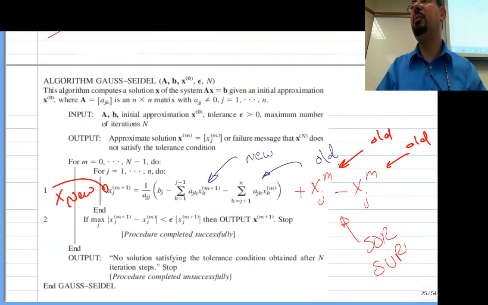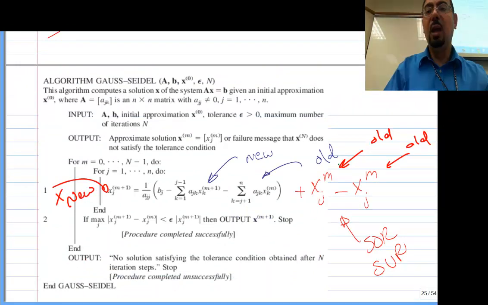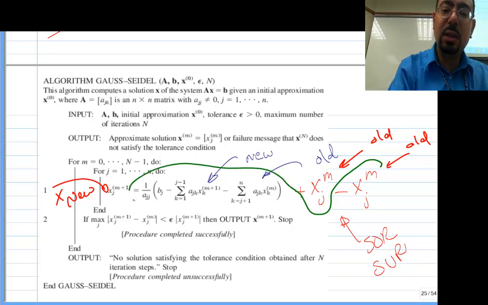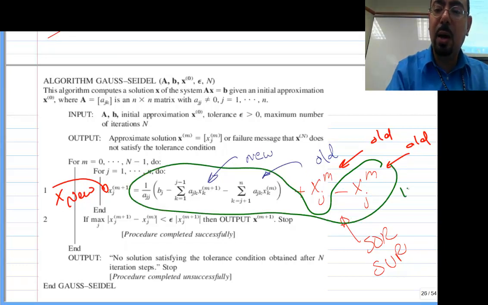Right? So you have plus x minus x, which amounts to nothing. If you add and you subtract, you don't do anything. So in Gauss-Seidel, you keep both of them. You change the coefficient. In SOR, you have this multiplied by alpha.